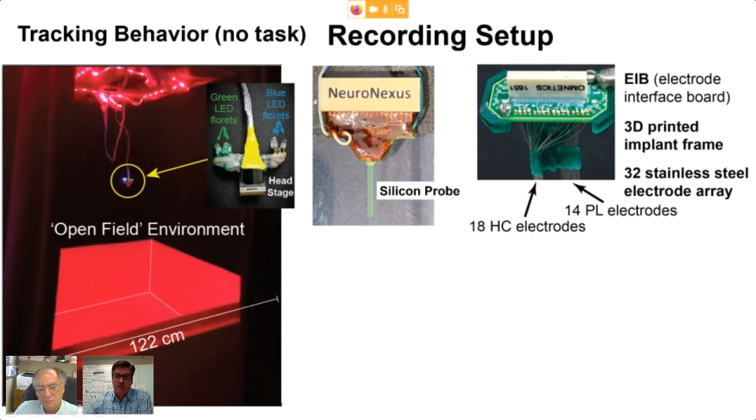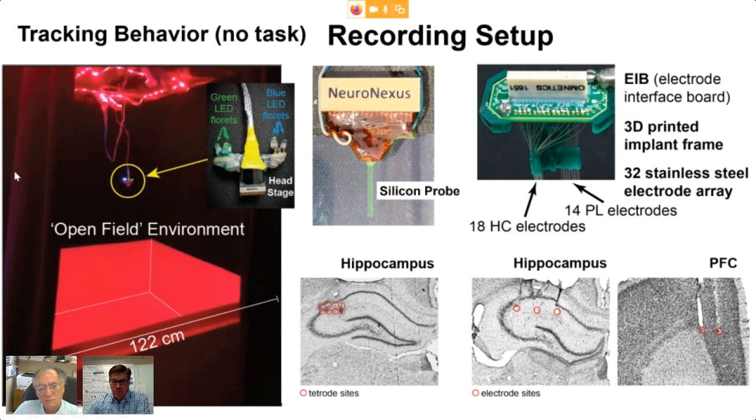So in these recordings, we have 18 hippocampal electrodes and then 14 in medial prefrontal cortex. And that could be printed out in, like I said, any conformation. And once we are recording, after the experiment's over, we can do the histology, and you see these 8 red circles here, hopefully, that reflect the 8 recording sites from a silicon probe.